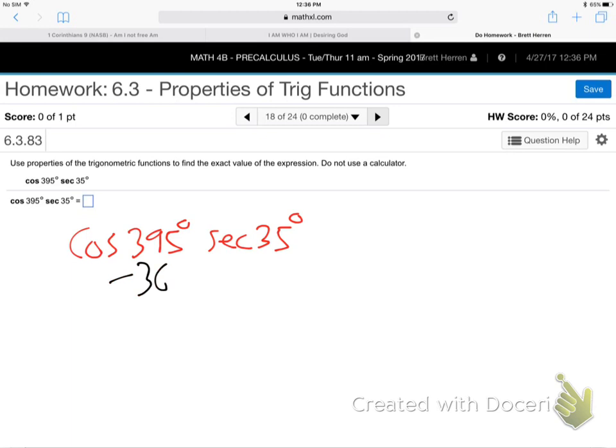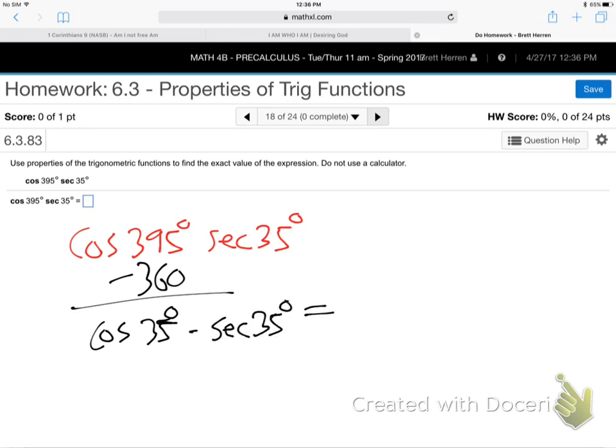Yeah, subtract 360, right? So it becomes cosine of 35. It's a full circle and 35 more. Times secant of 35, answer is 1, because secant's upside down again of cosine. Good. Easy enough.